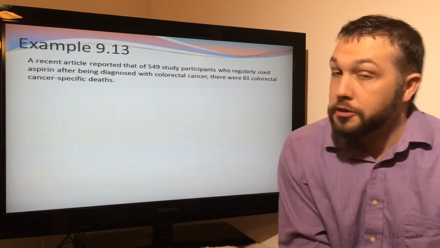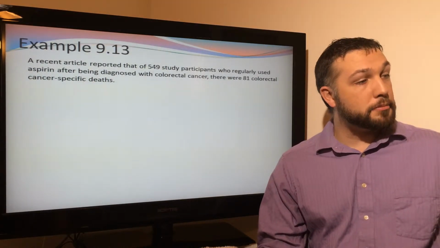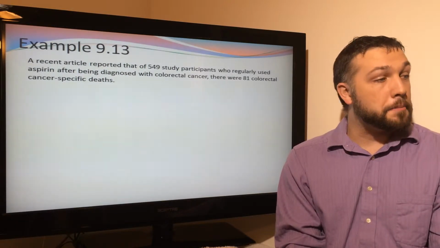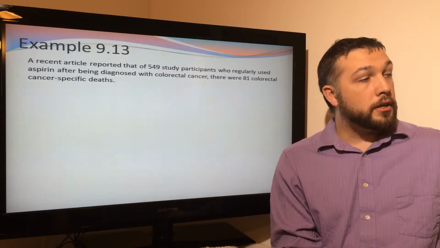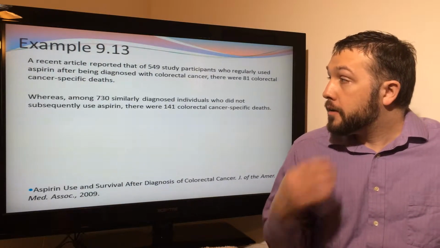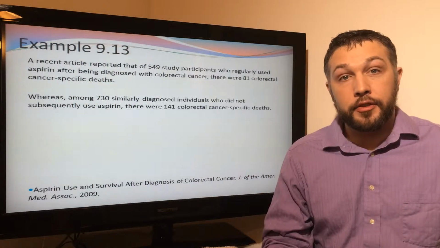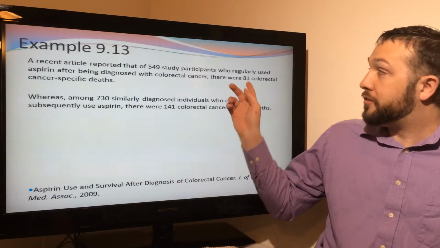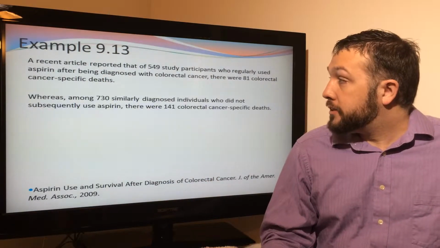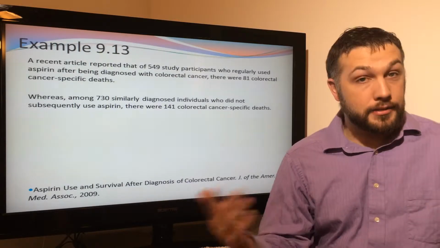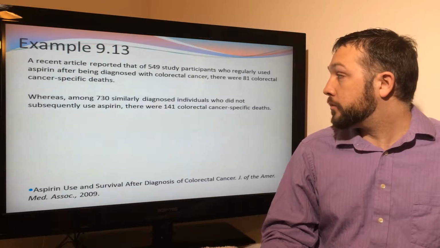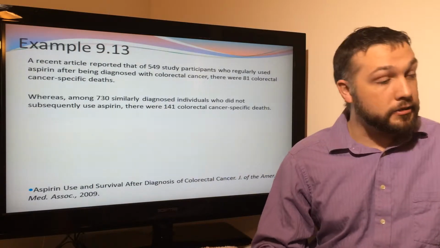Here's a recent article that was reporting 549 participants who regularly used aspirin after being diagnosed with colorectal cancer. And there were 81 colorectal cancer-specific deaths. So that's one set of data where we have a proportion of 81 over 549. But similarly, we saw 730 people who did not take aspirin, and of those, a certain other proportion died of colorectal cancer.